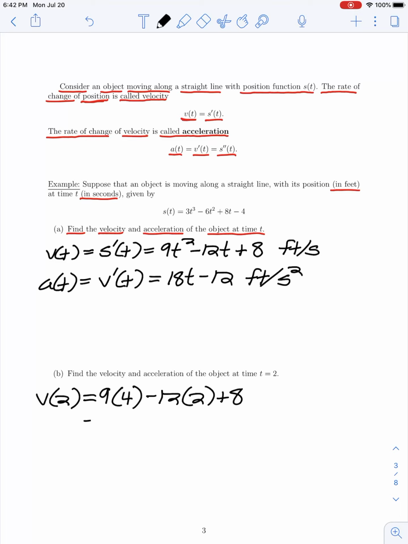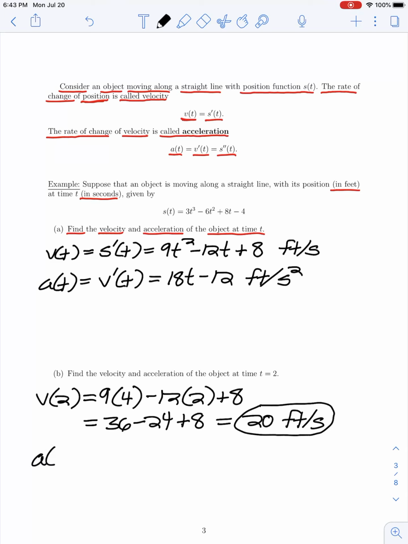So we have 36 minus 24 plus 8, so that would be 12 plus 8, or 20. Again, we're measuring in feet per second. So 20 feet per second for the velocity after 2 seconds.